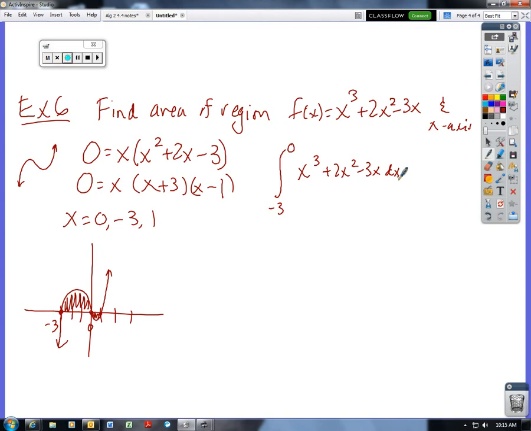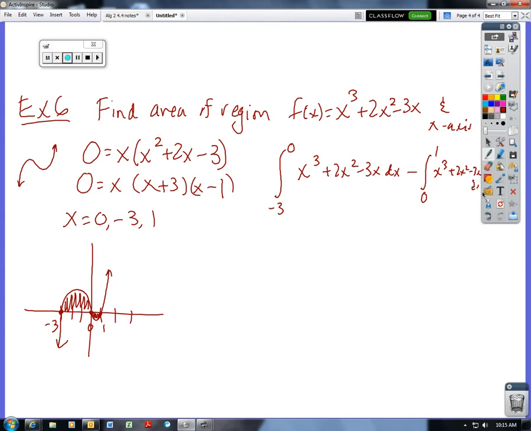Anyway, so this upper function, and then the other area down here is going to be negative, and I want it to be a positive, so I'm going to have to negate that one from 0 to 1 of that same function, 3x dx.